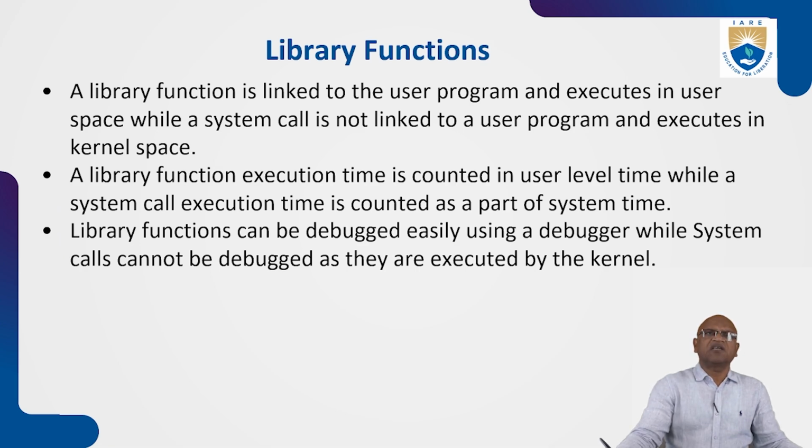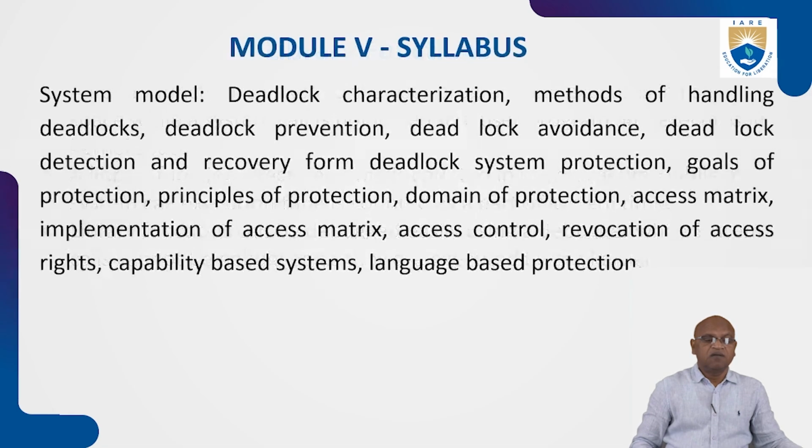Library functions can be debugged easily using a debugger, while system calls cannot be debugged as they are executed at kernel level, in kernel mode, not user mode. We cannot touch these system calls. Some library functions can be checked, but kernel functions cannot be checked.